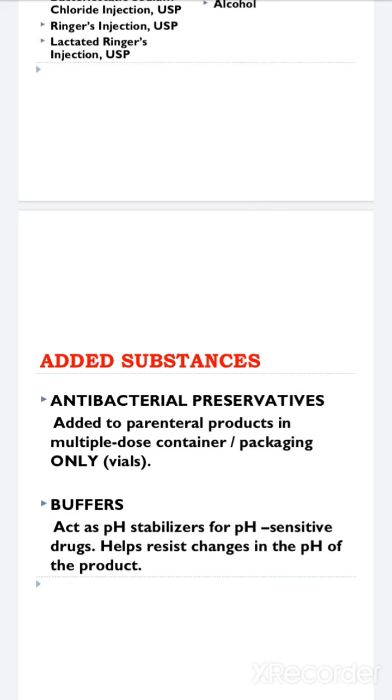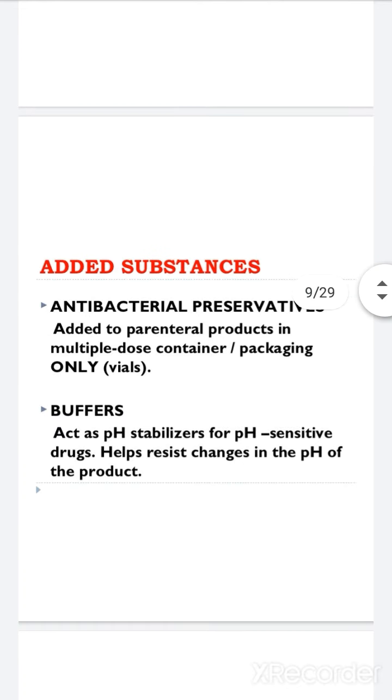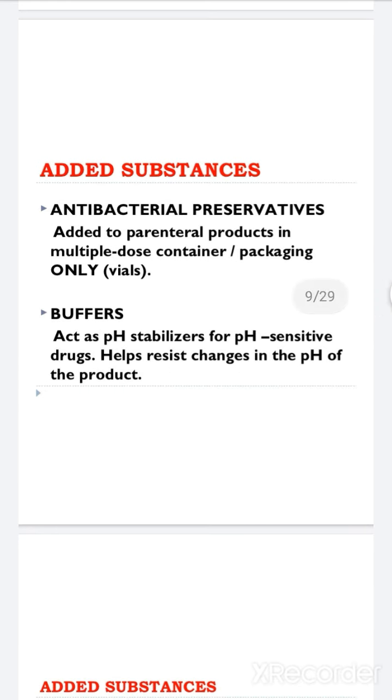Always remember, we do not add antibacterial substances to the preparation; it should be only for packaging. Buffers act as a pH stabilizer for pH-sensitive drugs and help resist changes in the pH of the product. Other added substances: solubilizers, antioxidants.